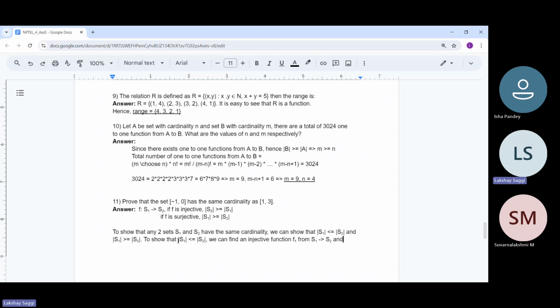Then we can say that cardinality of S1 is less than or equal to cardinality of S2. And similarly, to show that cardinality of S1 is greater than or equal to cardinality of S2, we can find a surjective function f2 from S1 to S2.